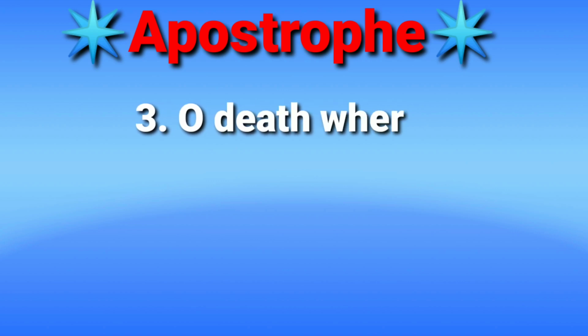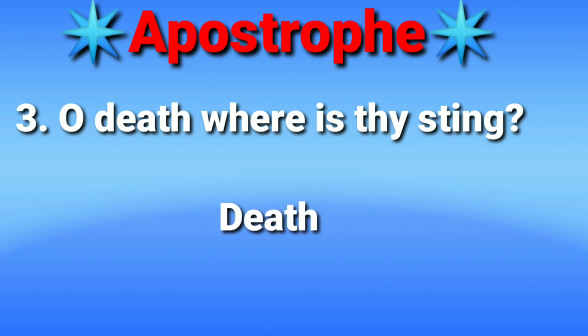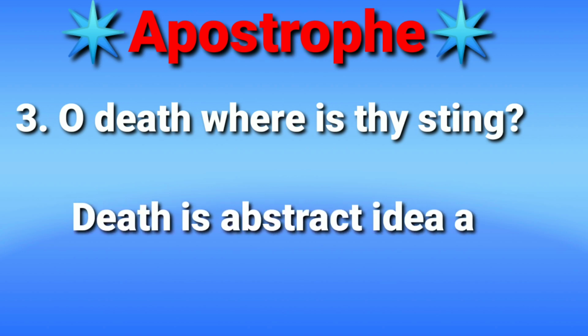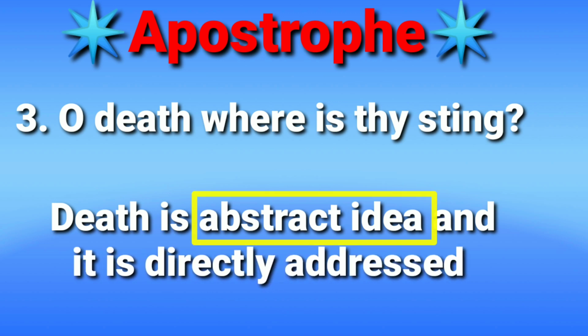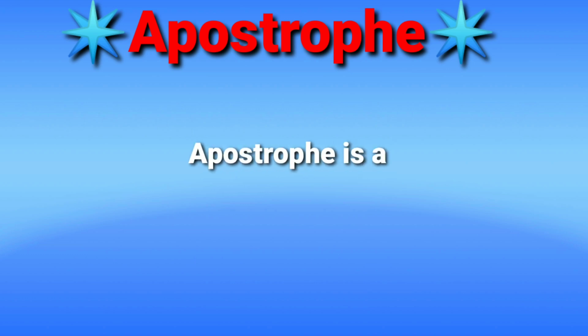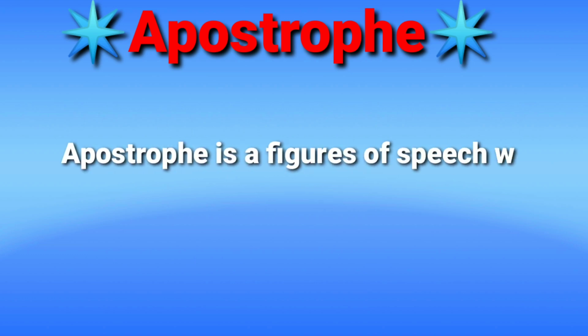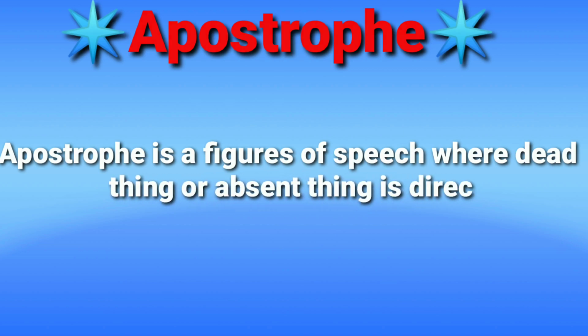"Oh, Death, where is thy sting?" Now in this example, death is an abstract idea. So what is apostrophe? Apostrophe is a figure of speech where dead things or absent things are directly addressed.